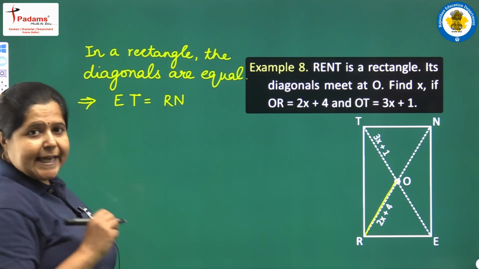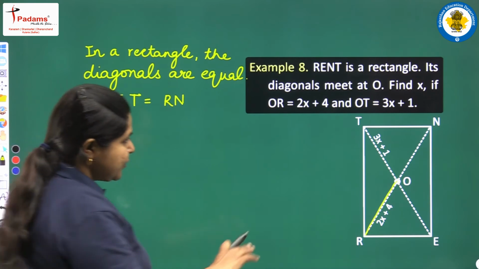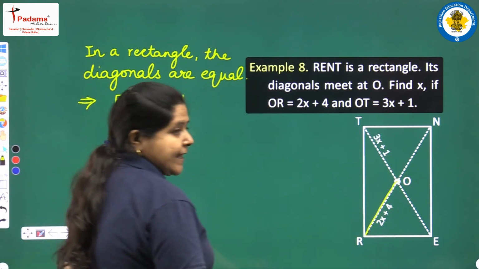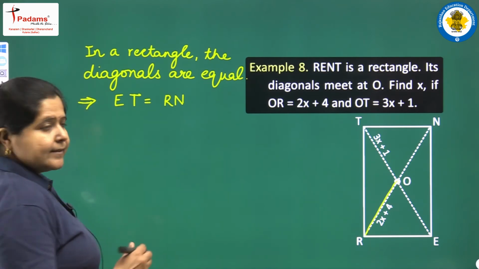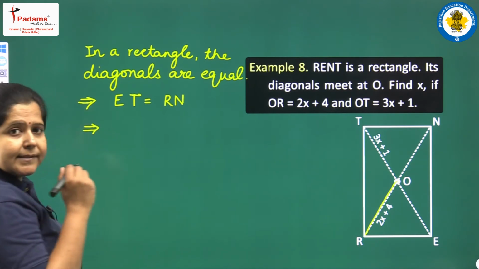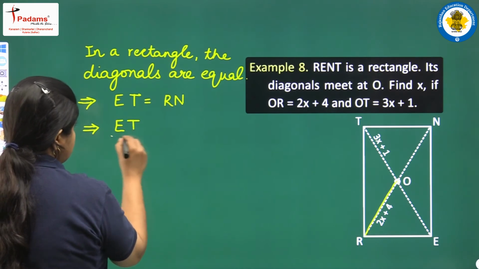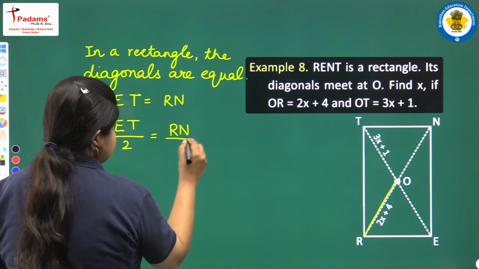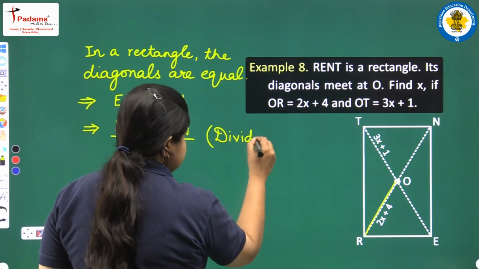Now since the two diagonals are equal, then their half parts will again be equal. You can see this is the half part given and this is another half part of a diagonal given. So we need to halve these two diagonals. How do we do the half part? Just divide by 2. ET upon 2 equal to RN upon 2, dividing by 2 on both sides.